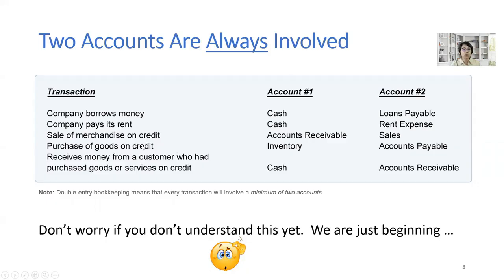Okay, let's say you go out and purchase goods on credit. So let's say you needed office equipment and your computers cost $30,000. So you have $30,000 in your inventory of equipment, right?